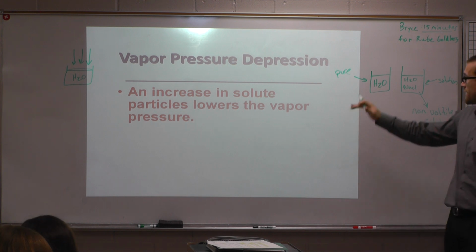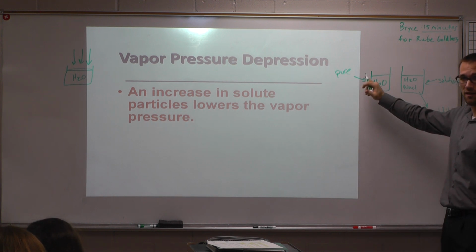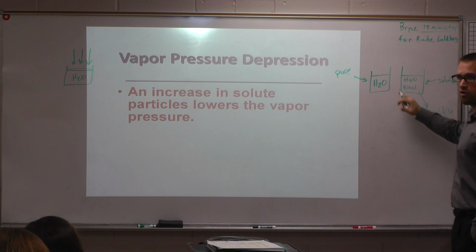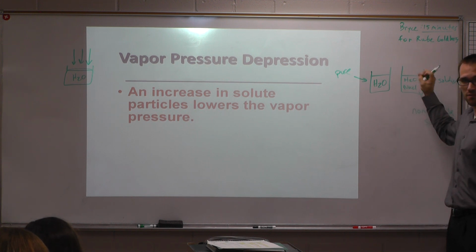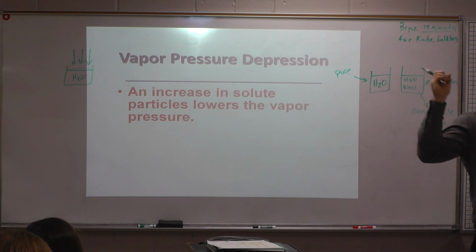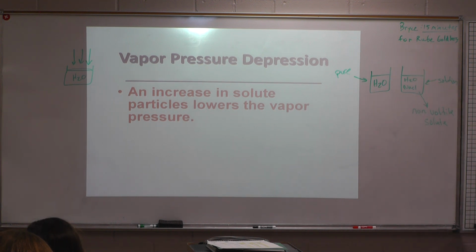Pure H2O, because all of it can evaporate a little bit. But can all of this evaporate? No, there's some stuff in here that isn't going to contribute to the vapor pressure, so anytime you add a non-volatile solute, what does it do to the vapor pressure? It makes it go down, and that's why we call it vapor pressure depression.